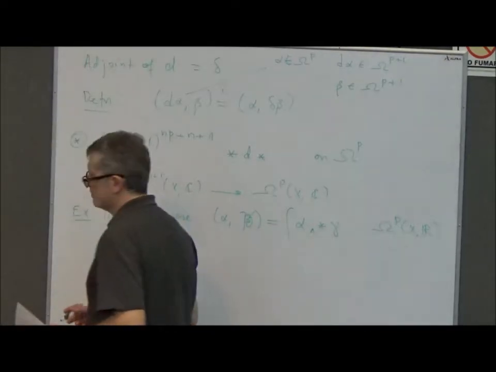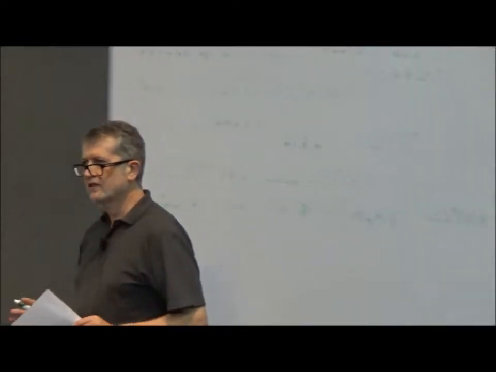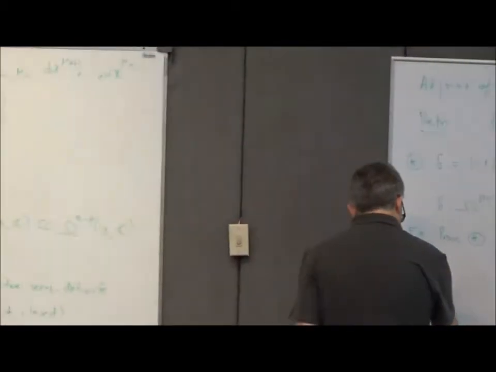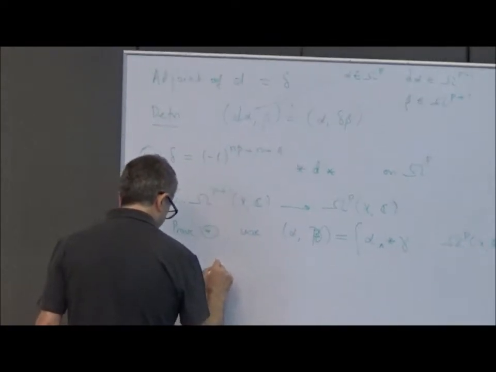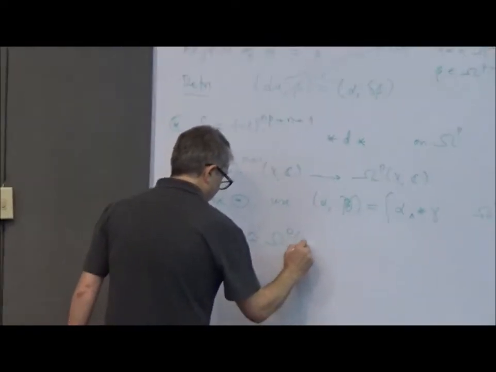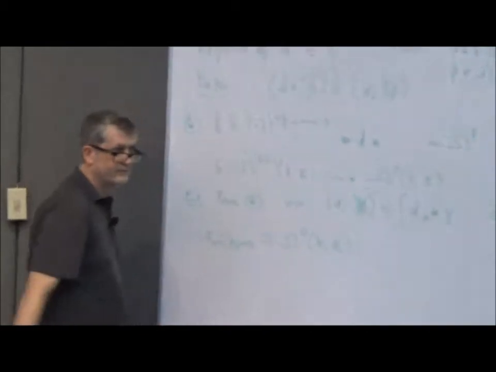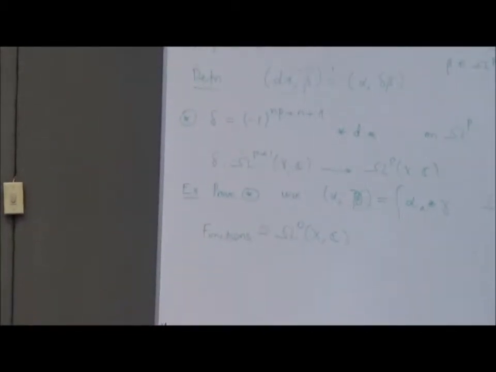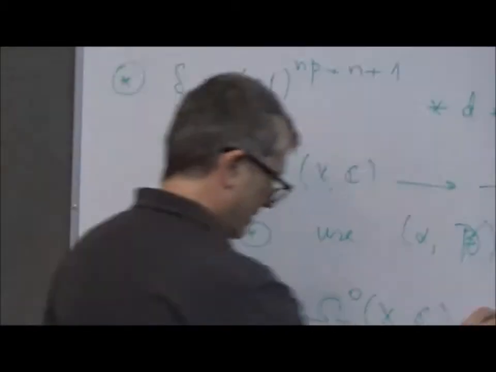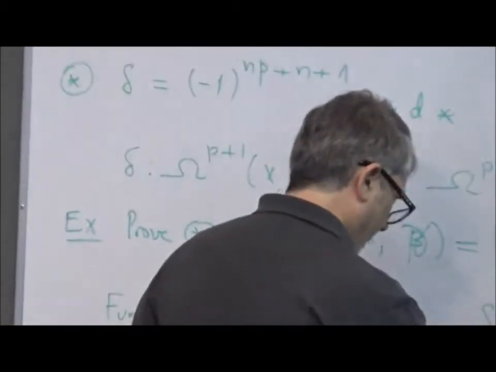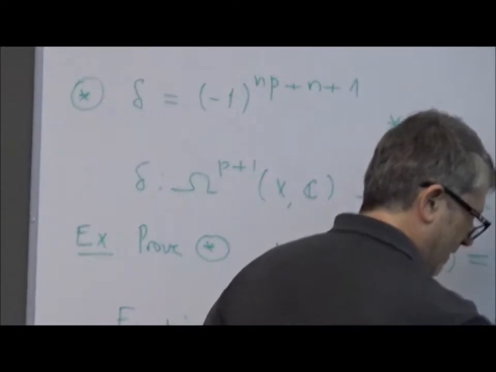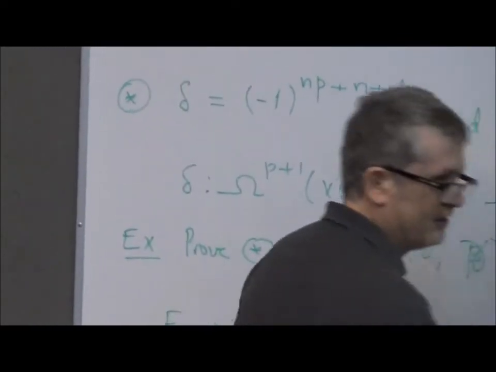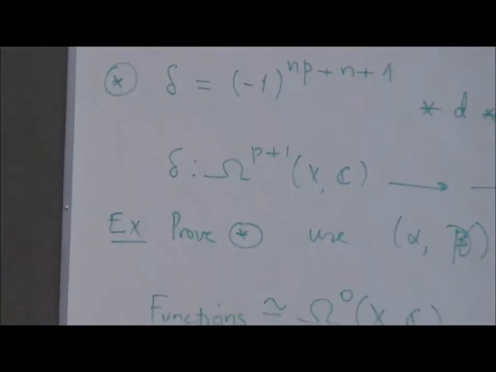So what does delta do? If it lowers the form, let's ask ourselves, well, on functions. For us are guys like this, right? Now, what's omega to the minus 1?